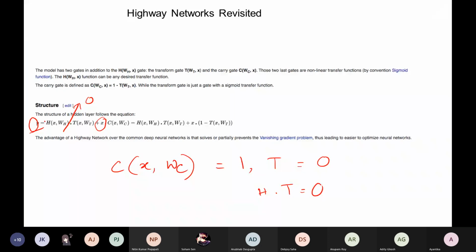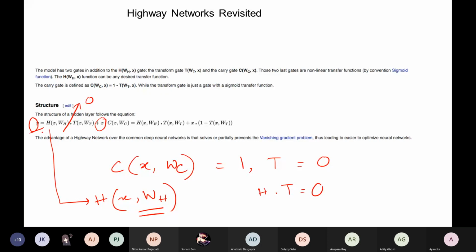Otherwise, this X will be passed through this transfer function. That means X is getting modified with this weight factor, and that output will be transferred as the output of your hidden layer. So in a highway network, the concept is you have two gates.